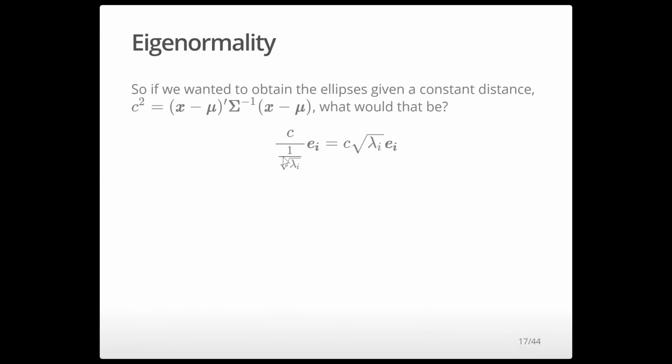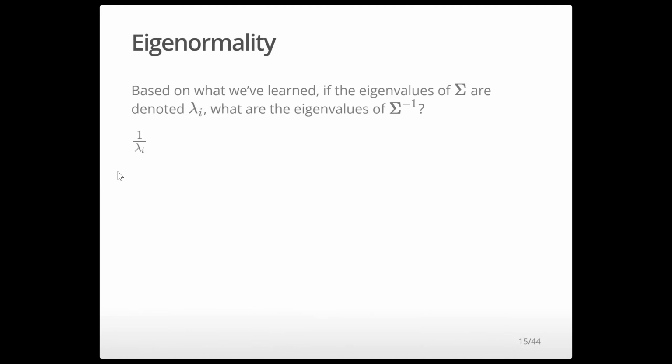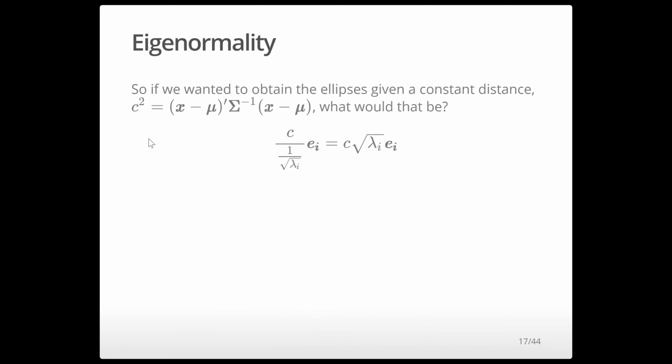But in this case, we're taking the inverse of the covariance matrix, so for the reason that we just saw, we have 1 over the eigenvalue. Here we're taking the square root of 1 over the eigenvalue, multiplying by the eigenvector. So it turns out the ellipses are defined by c times square root eigenvalue times eigenvector.